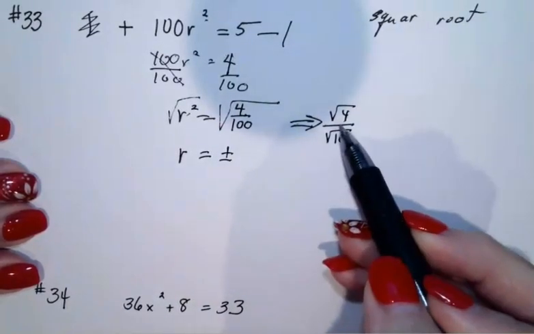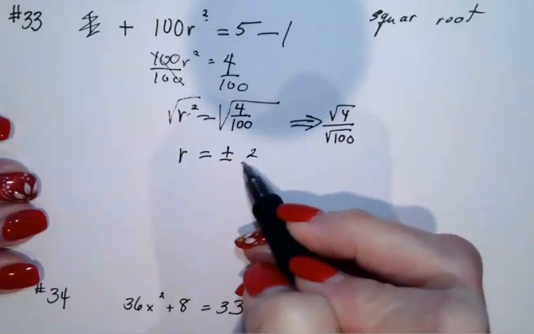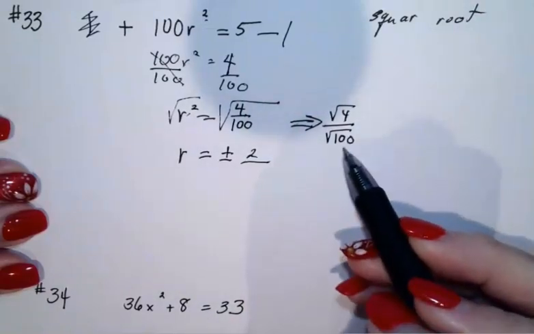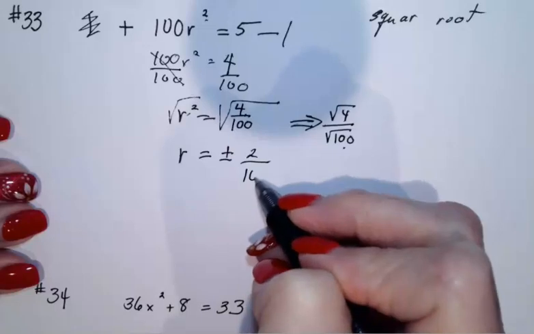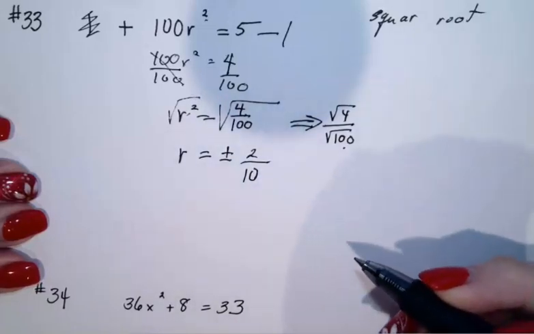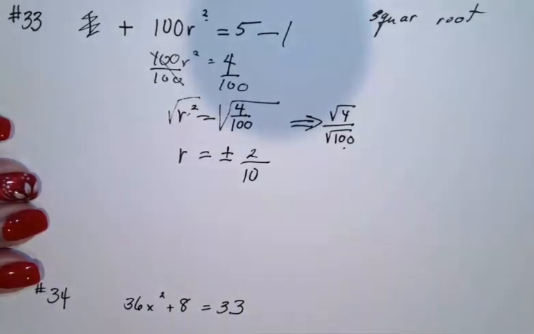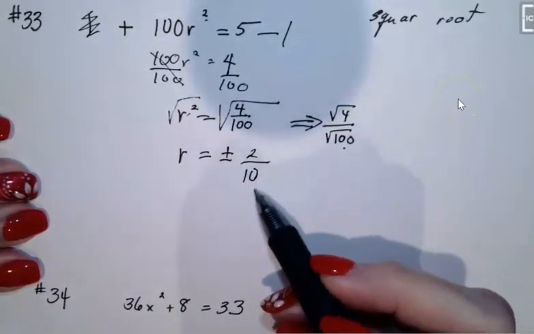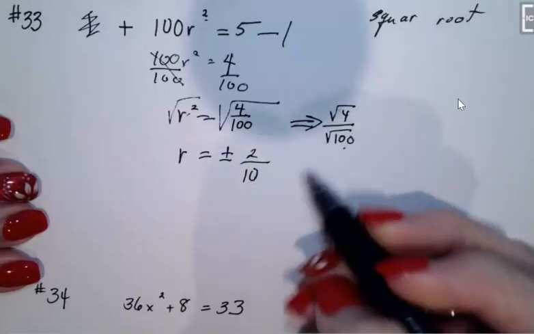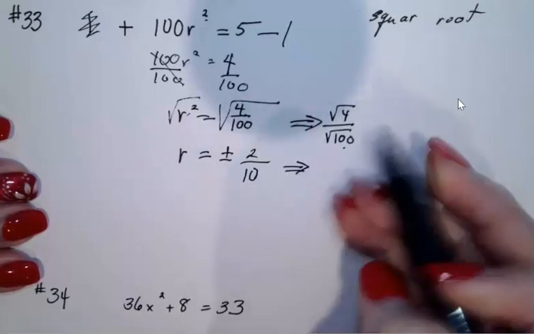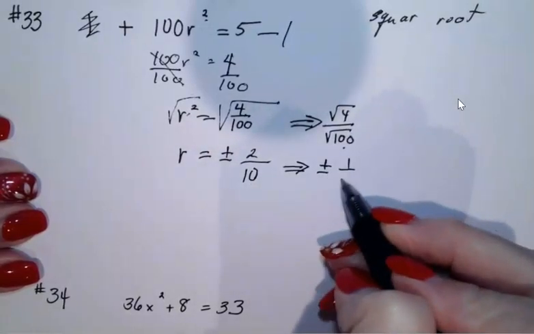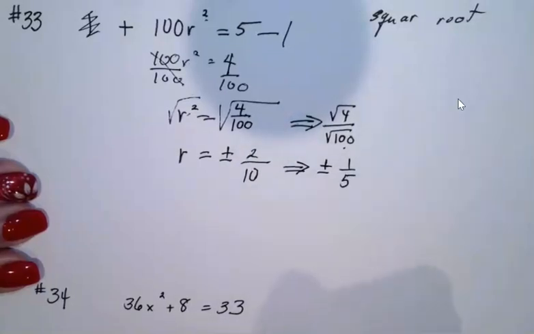Well, we know what the square root of 4 is. That's a 2. And we know what the square root of 100 is. That's a 10. And square root of 2 over 10 simplifies to 1 over 5.